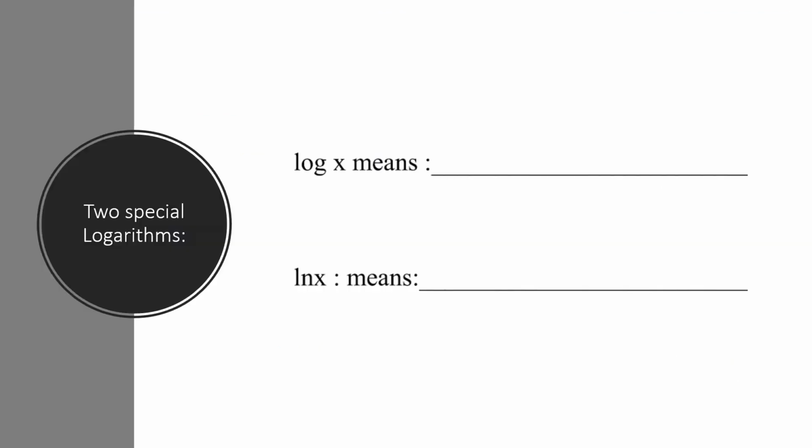Okay, let's do some more. These are two special logarithms that, if you look at both of these, don't have a base. This is a general rule that will always be true: if you see log of x with no base, this has the implied base of 10.